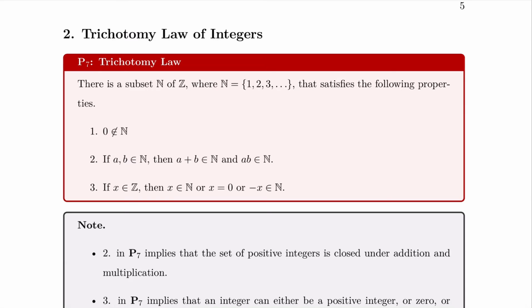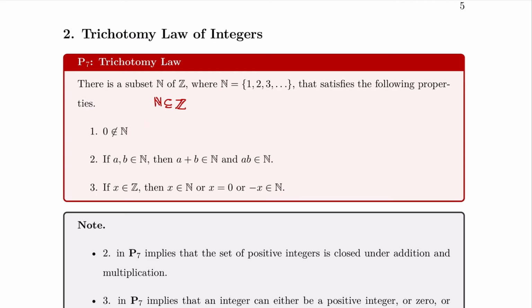So take a look at this statement. There is a subset N, the set of natural numbers, of the set of integers Z, like this. Where this set N is a set containing 1, 2, 3, and so on. This subset of integers Z satisfies these three properties.